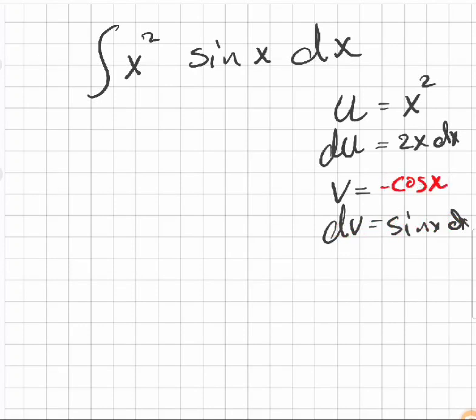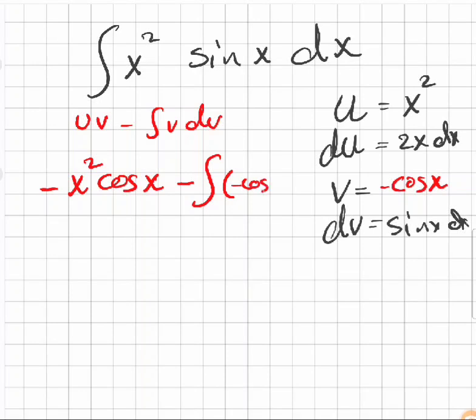So let's start with the formula. u times v, that's x squared times negative cosine x minus the integral of v, which is negative cosine x, times du, that's 2x dx.